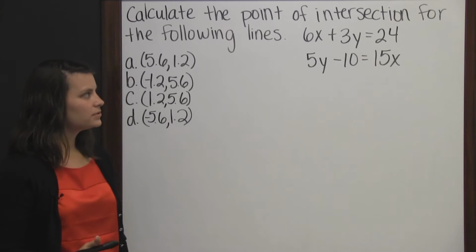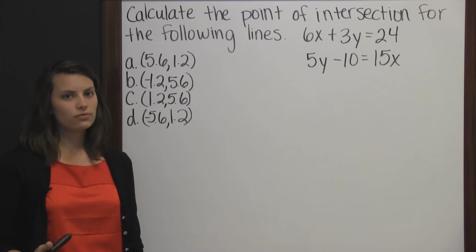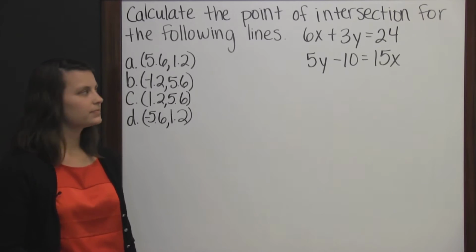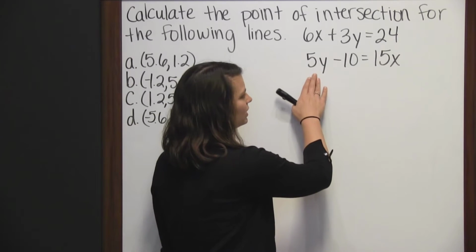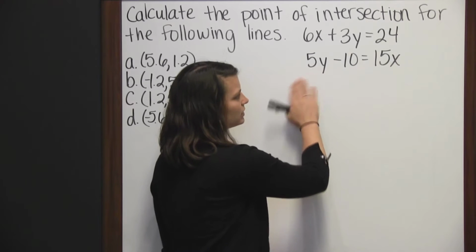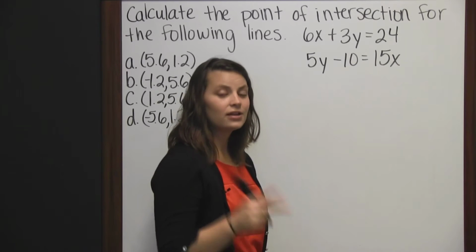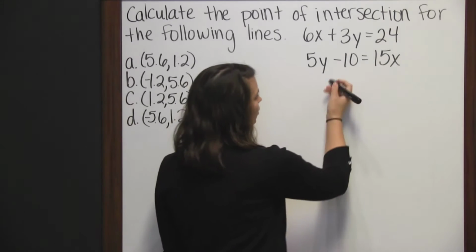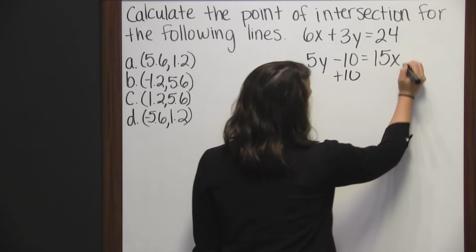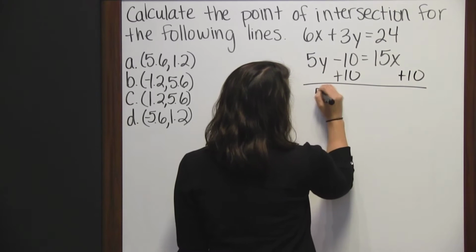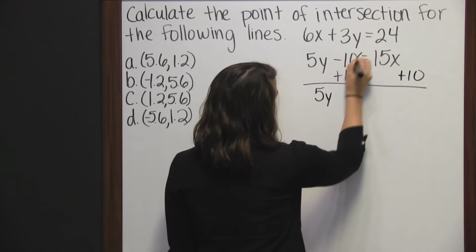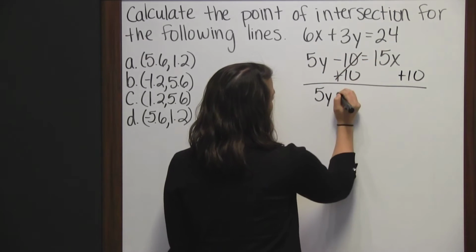And in order to substitute, I need to solve for one of my variables. Looking at my two equations, it looks like it's going to be pretty easy to get y alone in this second equation. And I'll do it in two steps. First, we add 10 to both sides. Bring down the 5y. Negative 10 plus 10 is 0.